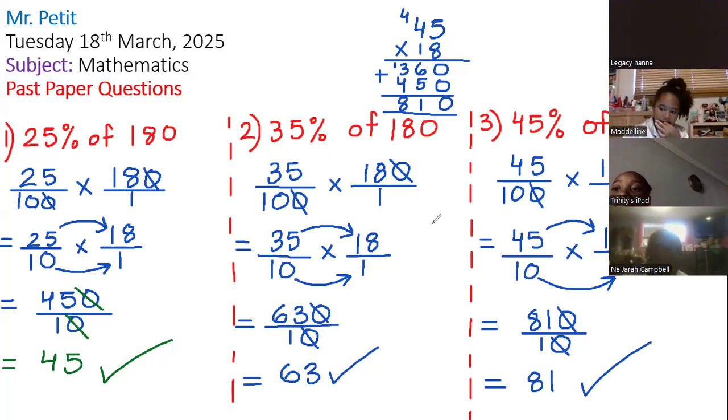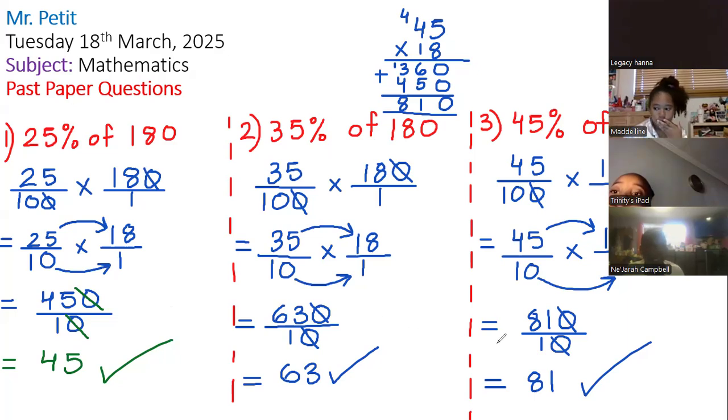I have a question, Mr. Petit. Go ahead. With cancel, will we always get a whole number? What do you mean? Like how we have 5% of 180, and you know it always goes over 100, and that turns into 10.